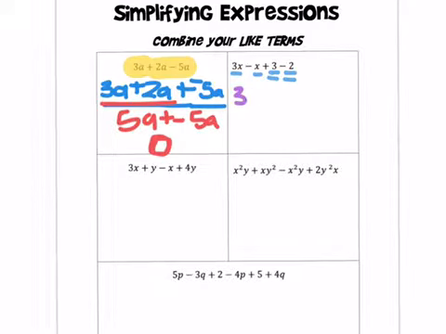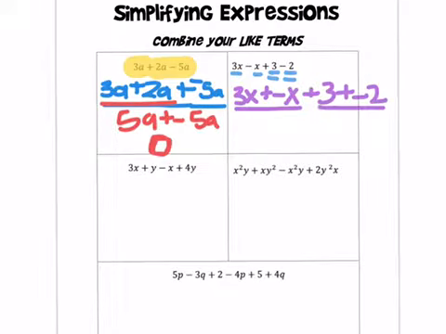All right, so when we are changing from our subtraction, what this really means is we have 3x plus a negative x, which is also the same as negative 1x. All right, then we have a plus 3, and then instead of minus 2, it's plus a negative 2. So again, these are our like terms, and then these are our like terms. So when we have 3x plus a negative x, that's the same as a negative 1x.